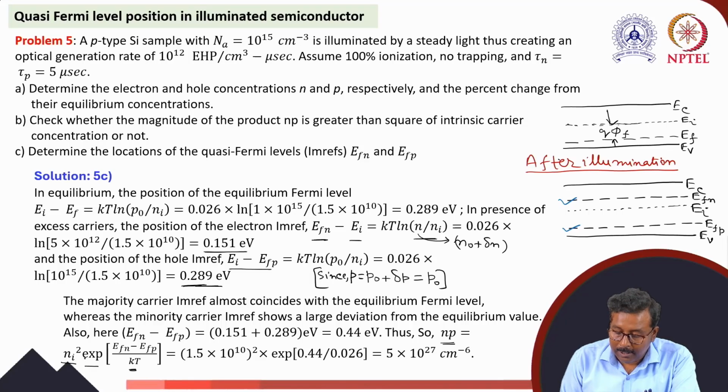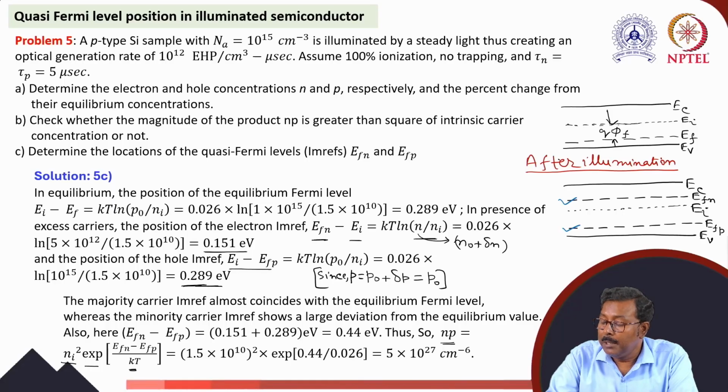So if we put this value, ultimately EFN minus EFP is 0.44, because it is 0.151 above EI and 0.289 below EI.